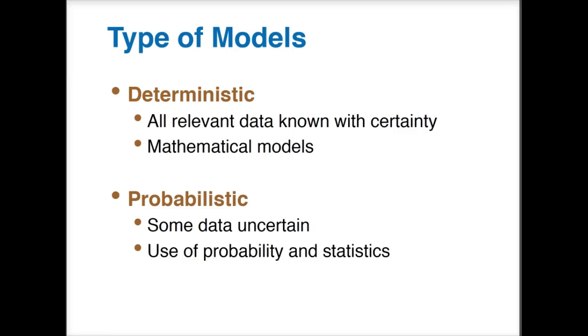So in decision modeling, we have two types. We have deterministic and we have probabilistic. For the first couple of units in this course, we will stick to deterministic modeling, which will be, we basically know everything up front, okay? And so since we know everything up front, we can model everything mathematically with exact math like algebra.